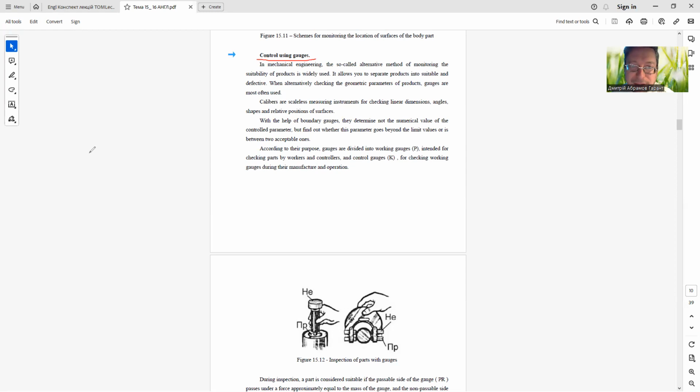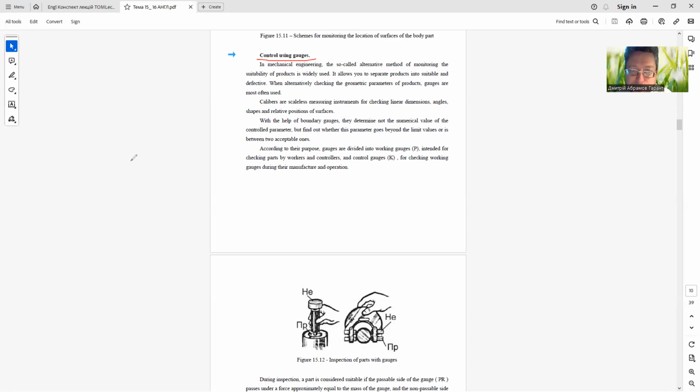Gauges are scaleless measuring instruments for checking linear dimensions, angles, shapes, and relative position of surfaces. With the help of boundary gauges, they determine not the numerical value of the controlled parameter, but find out whether this parameter goes beyond the limit values or is between two acceptable ones.